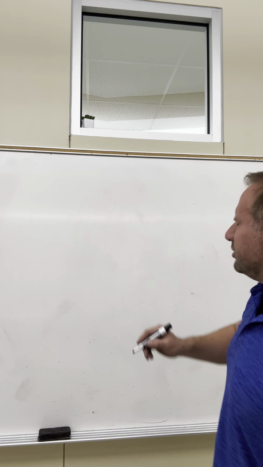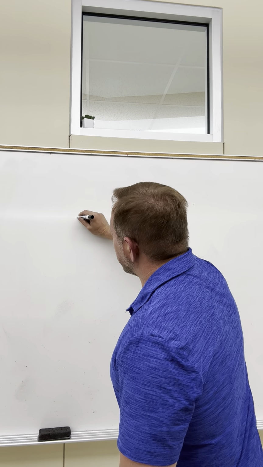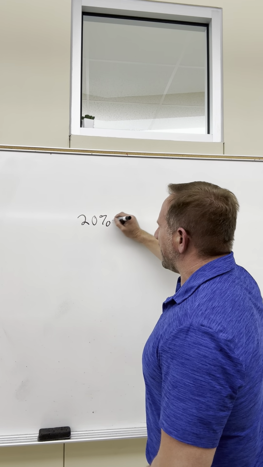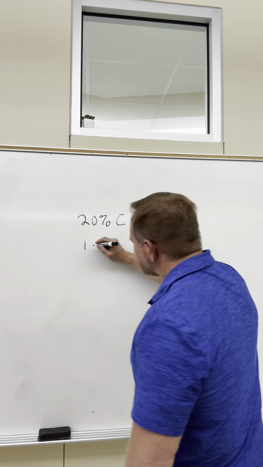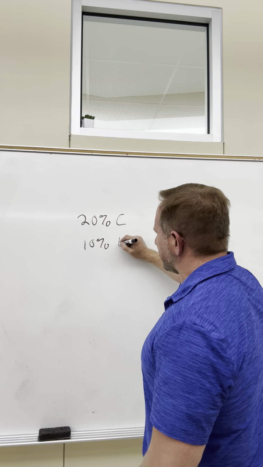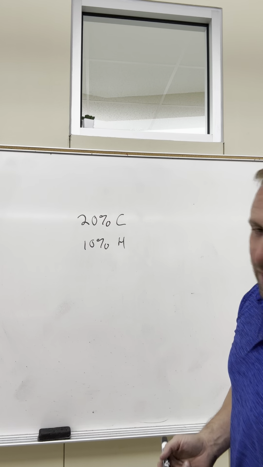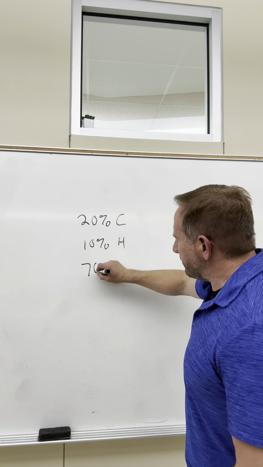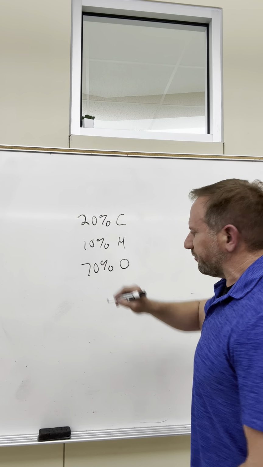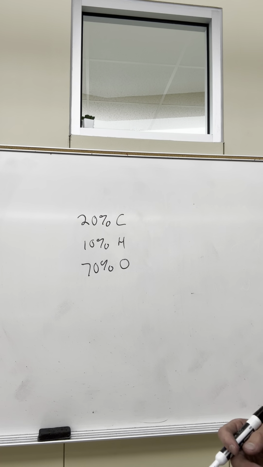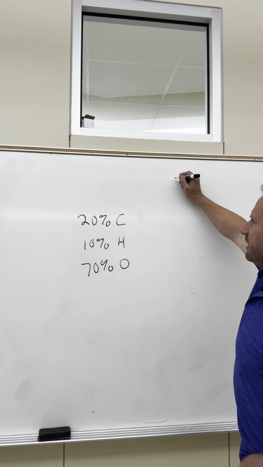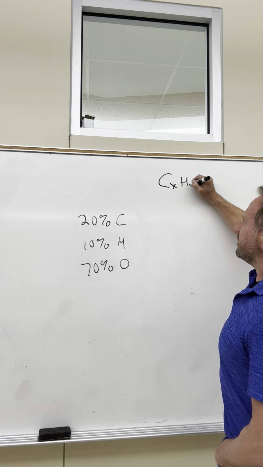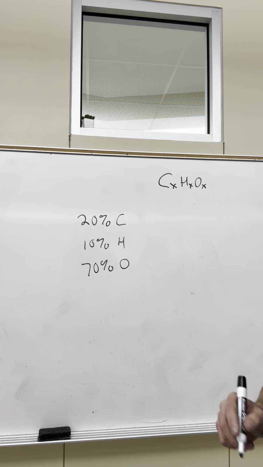It's not that hard to do, but basically you'll get something like 20% of the mass of something is carbon, and I'm just gonna make this up as we go. 10% of the mass is hydrogen, and then 70% of the mass comes from oxygen. I don't know if you guys remember how to do these, but basically the question says, what is the empirical formula? CX, HX, OX. We want to figure those things out.